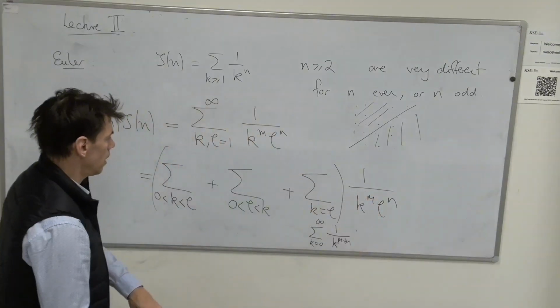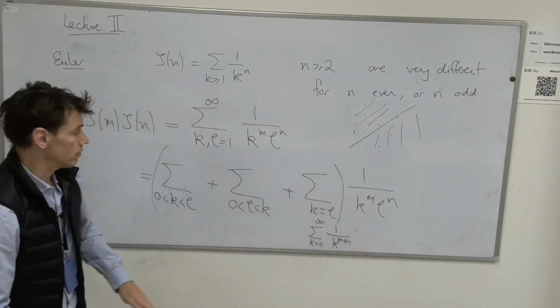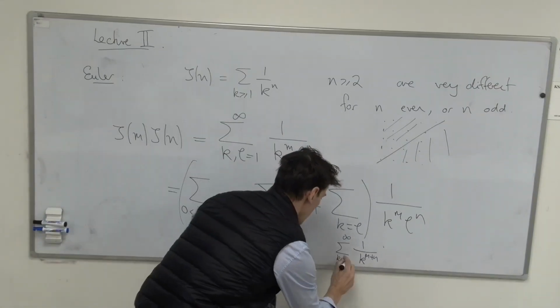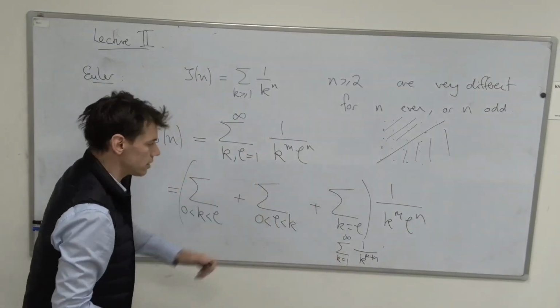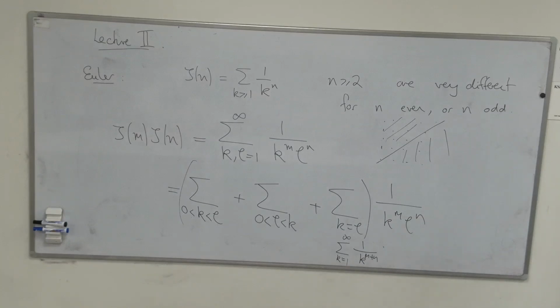So that's just zeta of m plus n. But these other quantities are new. So he discovers some new sums, and that's what his paper's about.